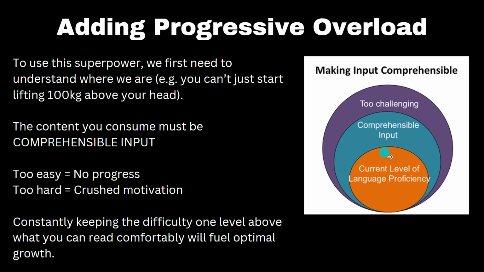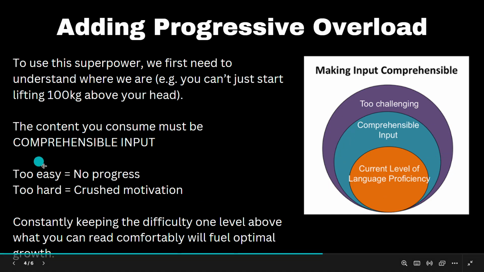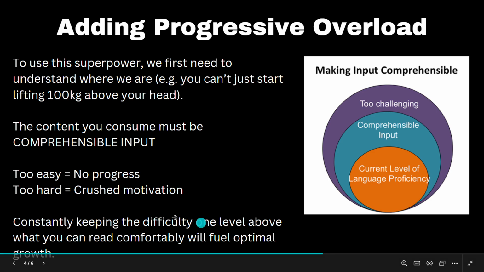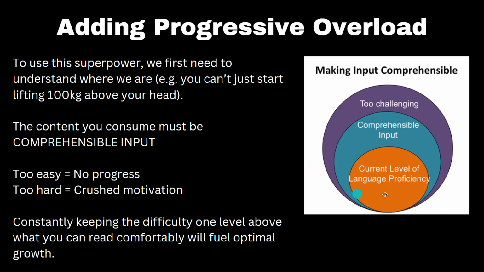Whether we're reading books, listening to podcasts, watching TV, etc., having them in the comprehensible input section is good, because when it's too challenging, it crushes your motivation, and when you can't even get a gist of what's going on, it almost makes it harder, because knowing the context is really useful. And when it's too easy, you don't make progress because you already understand everything. So constantly keeping the difficulty one level above what you can read and listen to comfortably will fuel optimal growth.